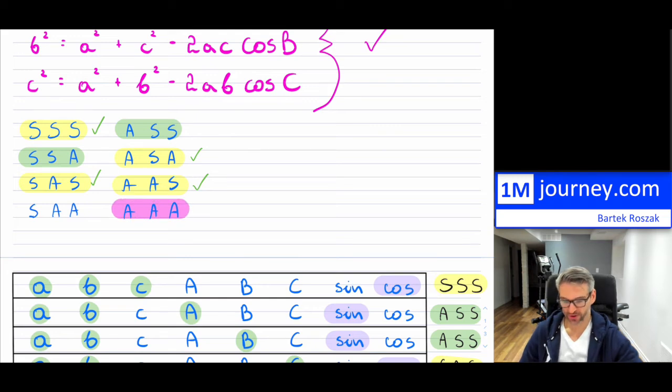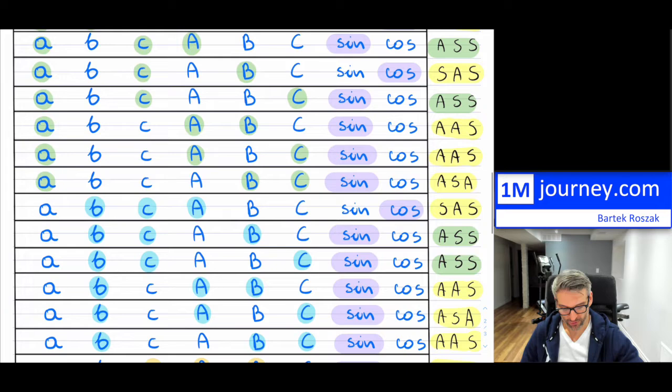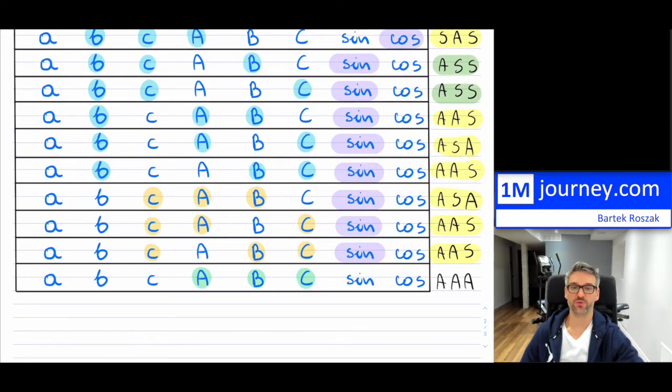Now, it turns out that if you're given this piece of information, if you only know the angles, then neither the sine nor the cosine law can help you. So this is the only case that we cannot use with either sine or cosine. The other ones, we have some hope in terms of using them.